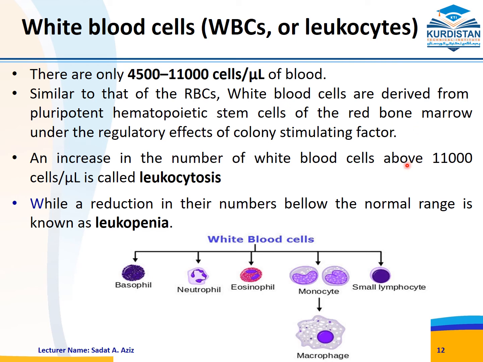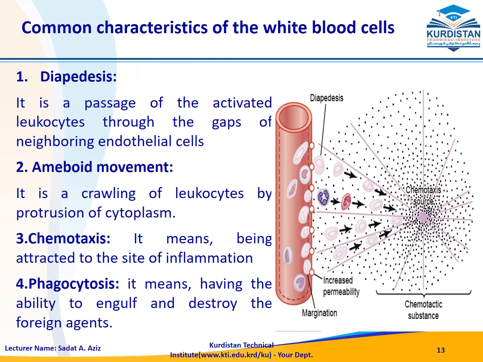Leukopenia is a reduction in the number of the leukocytes below the normal range. Cytosis means an increase, while penia means a reduction. For instance, what we have is leukopenia or leukocytosis.